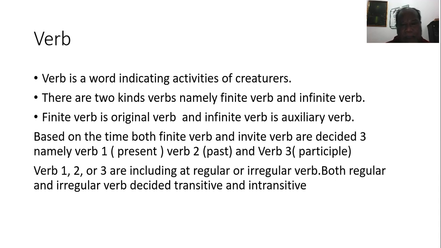And irregular verb is irregular. Anything about vowel or consonant, like see: verb 1, see; verb 2, saw; and verb 3, seen. It is seen very well about irregular verb.